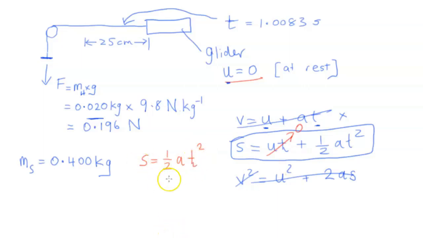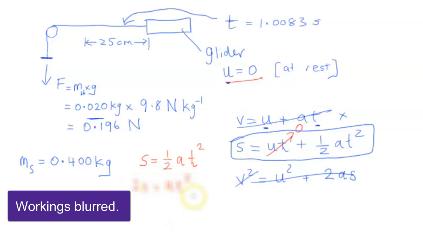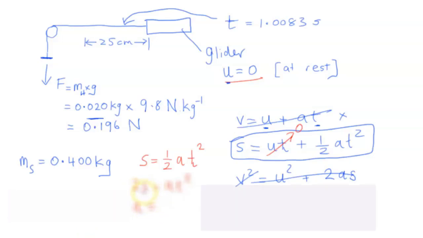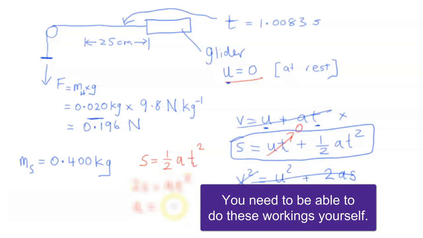Now if I rearrange this to find acceleration, I need to multiply both sides by 2, and then I want the acceleration on the left side, so I'm going to have to divide 2 times displacement by time squared and put that on this side. So that's the equation I can use to find the acceleration.